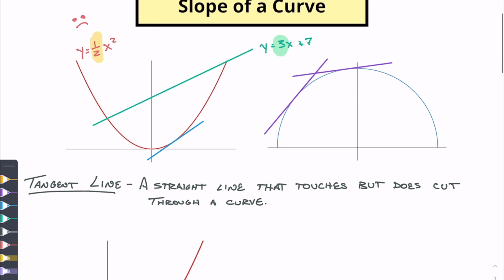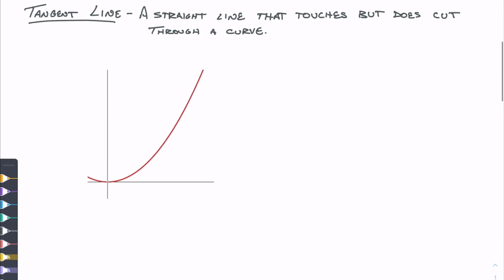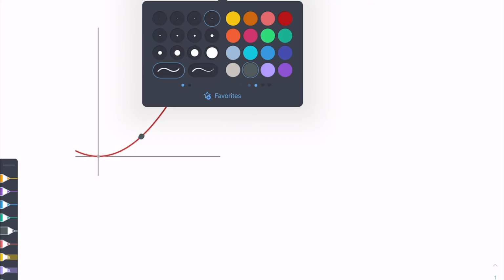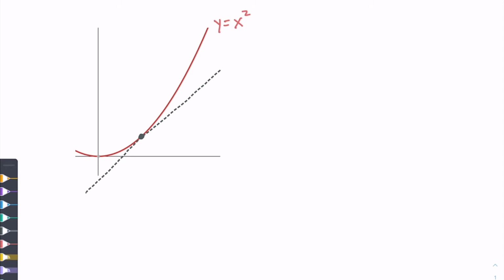So what we're going to do is look back at this graph, and look at just y equals x squared, and see if we can generalize what's happening here to find the slope at a point, let's say right here. If we were looking for the slope there, we would technically need a line that is tangent to this spot.